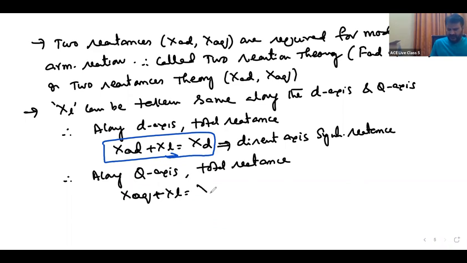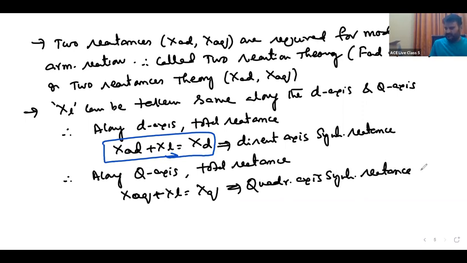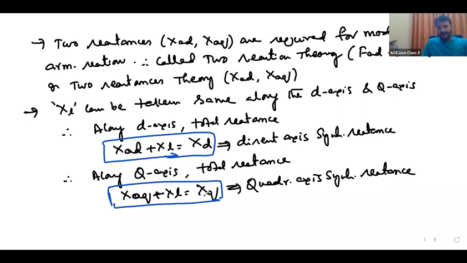That is equal to XQ, which is said to be the quadrature axis synchronous reactance.